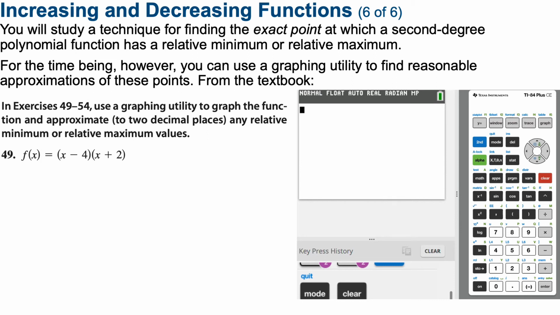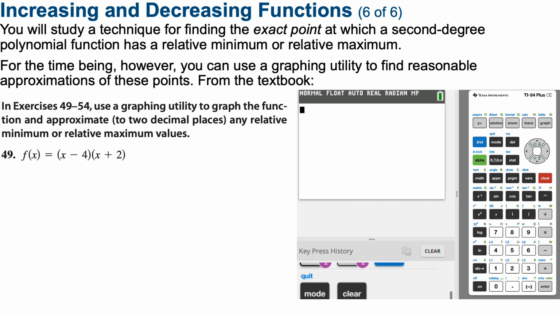Later on, we're going to study how to find the exact relative minimum or relative maximum for a second degree polynomial function. If you recall, that just means the highest exponent is 2. But for now, you can use your graphing calculator to find a pretty close approximation of those points, okay?